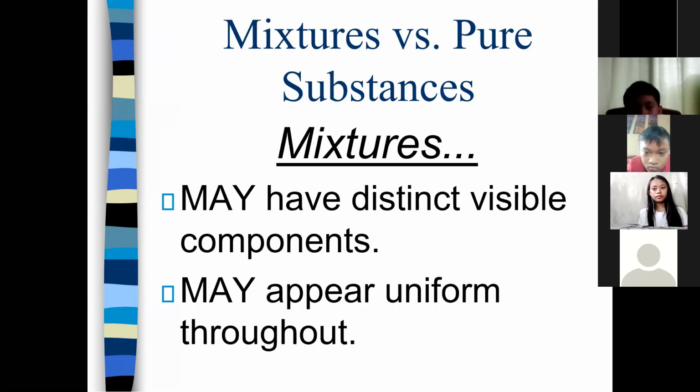So, pure substances versus a mixture. A mixture may have distinct visible components, and they appear throughout the substance itself. So, for example, a mixture of oil and water. Now, if you notice, you place an oil on top of water, or you place water on top of oil, you still see the two substances that are being mixed.